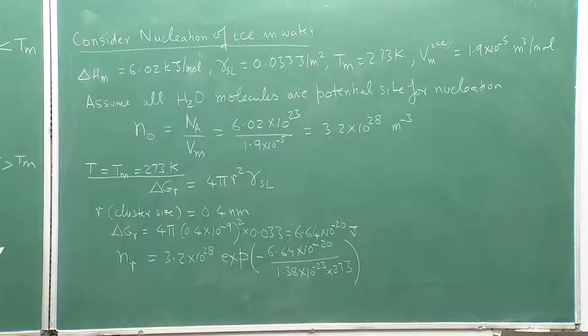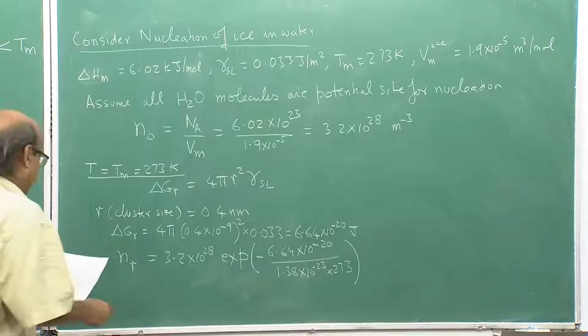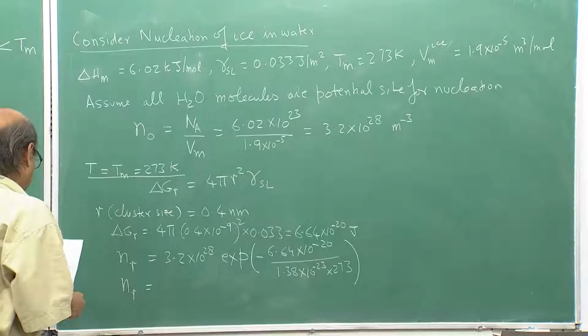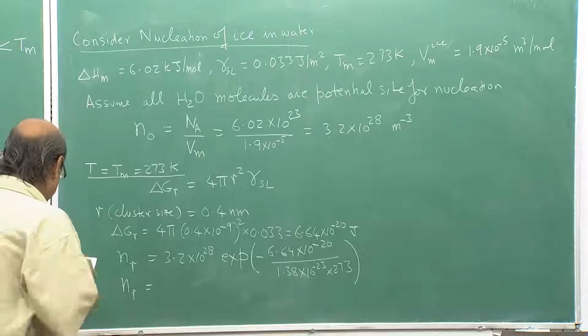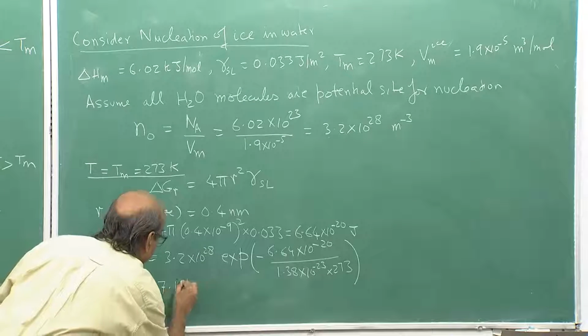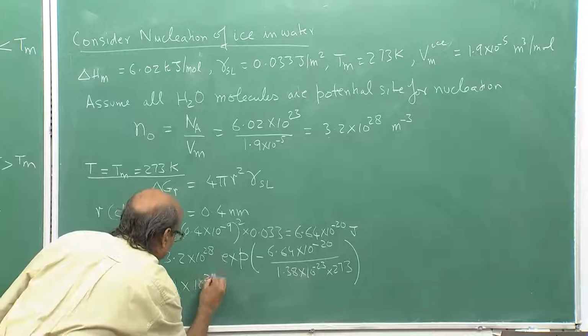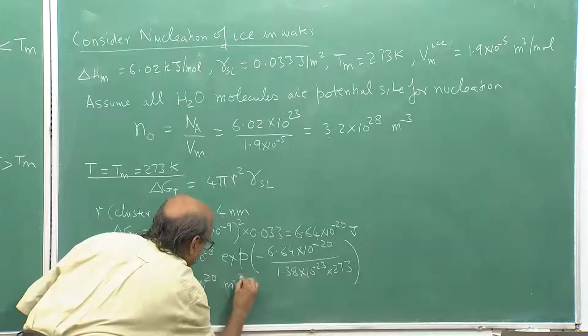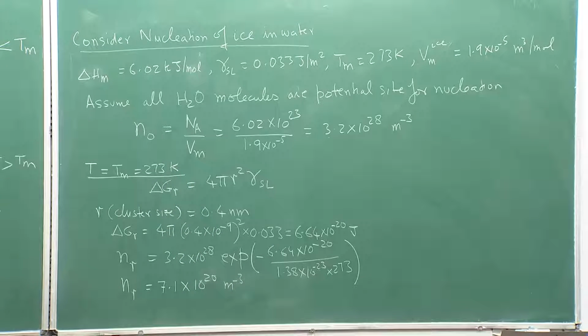If I solve this, I get NR to be 7.1 into 10 to the power 20 nuclei in 1 meter cube of the liquid.